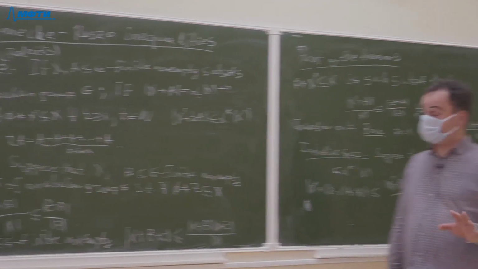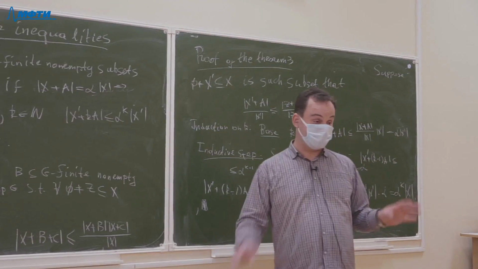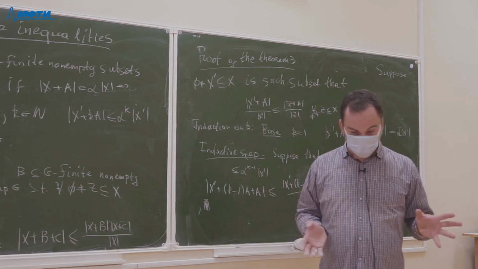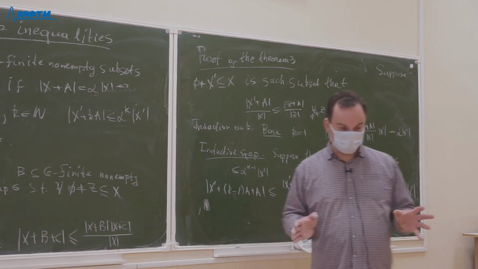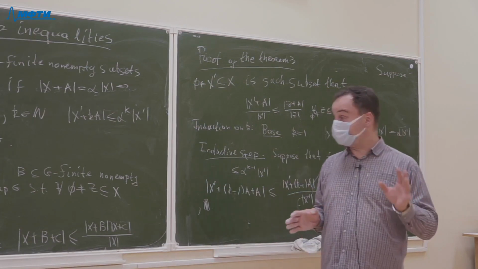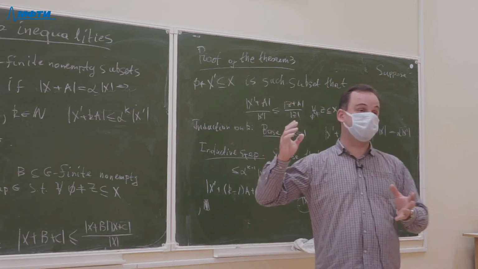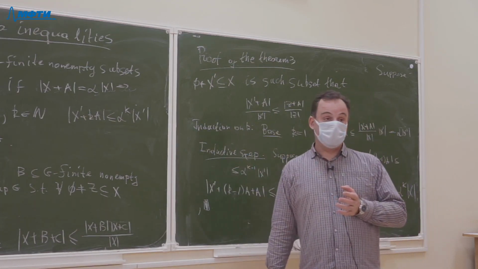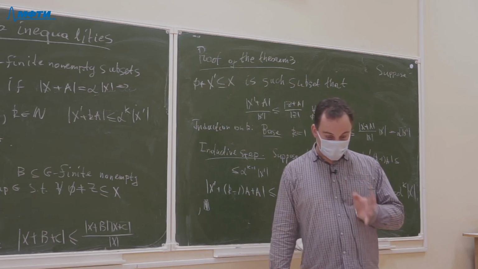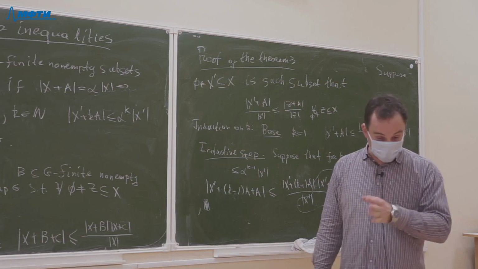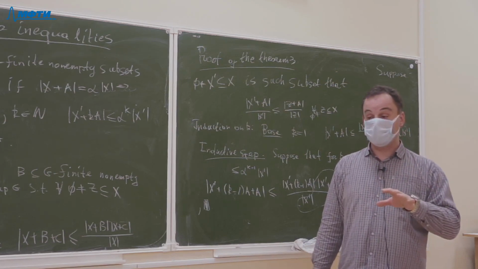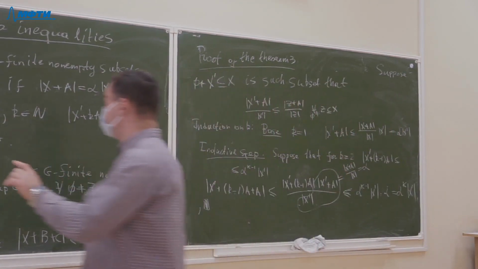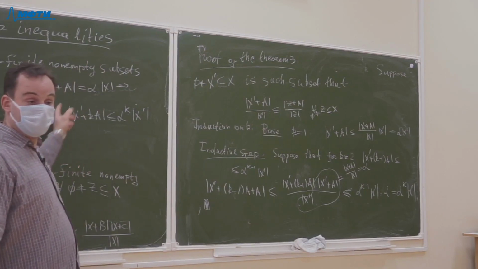Now, what do we do next? I start introducing what a Plunnecke graph is, and what result of Plunnecke we're going to prove. Before we prove the theorem of Plunnecke, I have to introduce some notations and definitions in order to state his theorem. Then we start proving Plunnecke's theorem. When proving it, I'll give you an application, and I'll give you a second proof of this Petridis result.